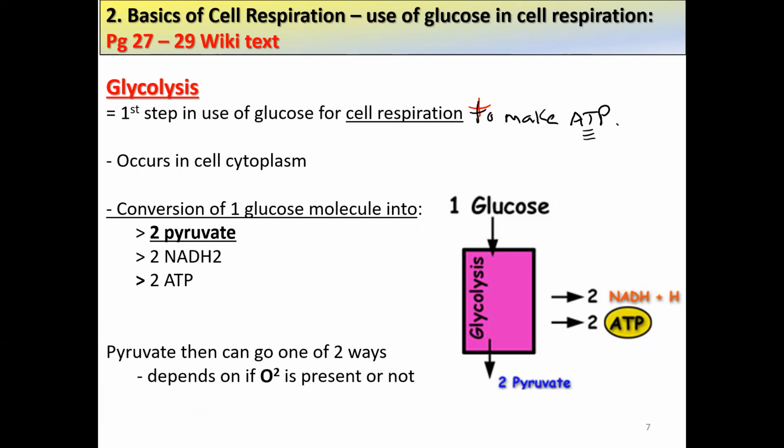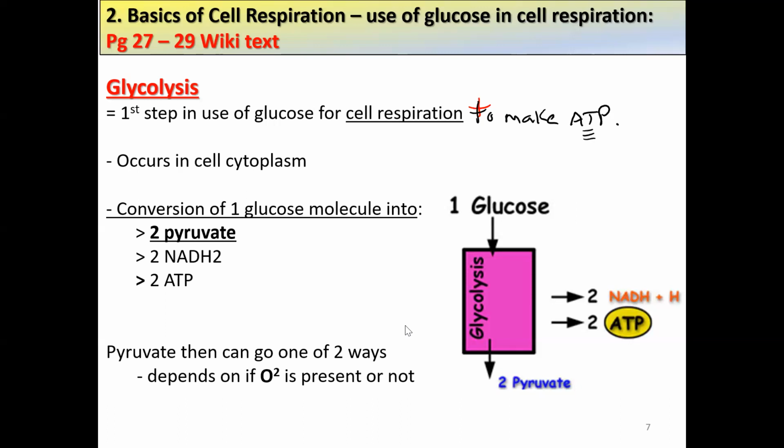Now, I'll go over this in a second, but here is what you may or may not remember from intro bio. 1 glucose molecule, and I made this diagram because I like it. It's very simple. You take 1 glucose molecule in your cells, because remember, insulin tells your cells to take up glucose. Here's what the cells are doing with it.